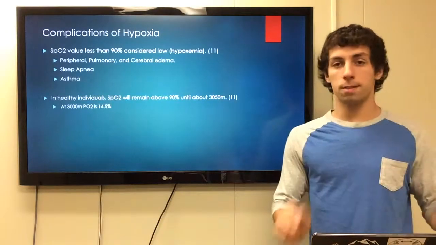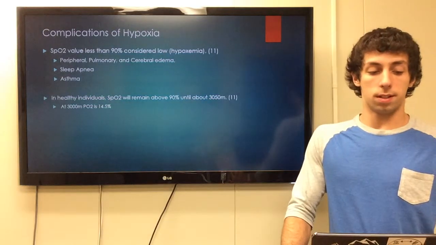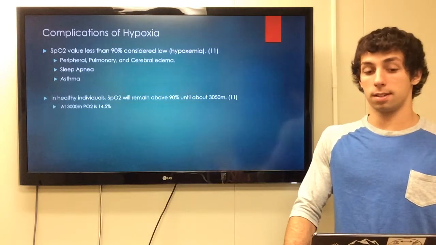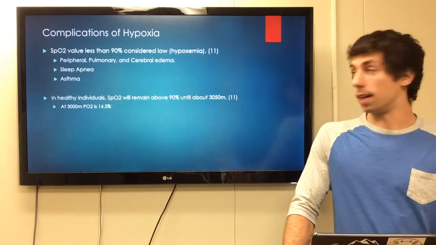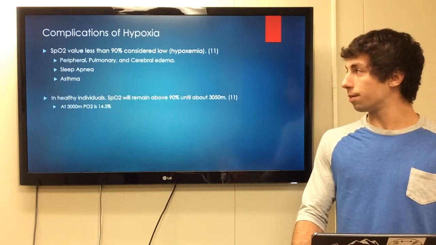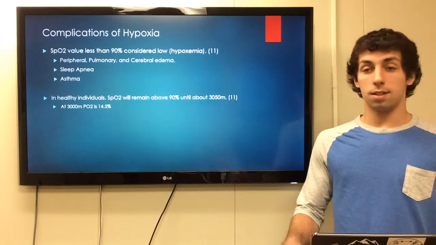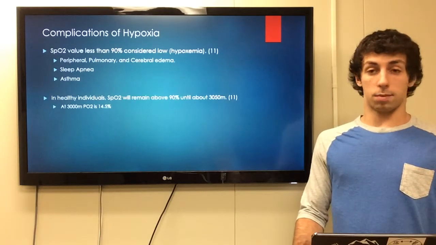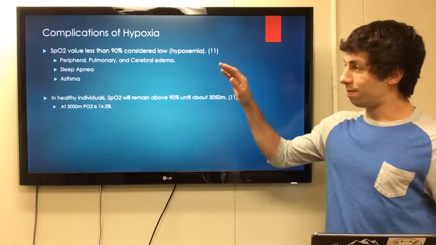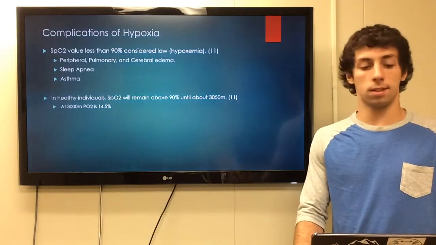Now, some complications of hypoxia. As the SpO2 value decreases lower than 90%, that's considered hypoxemia. And at this point, you're possibly going to experience peripheral, pulmonary and cerebral edema, so fluid in those tissues, sleep apnea, and asthma-like symptoms. These are kind of altitude sickness or acute mountain sickness.